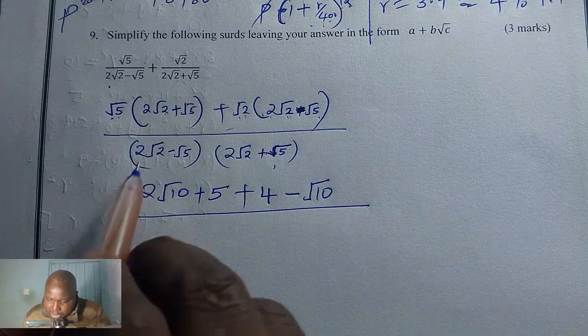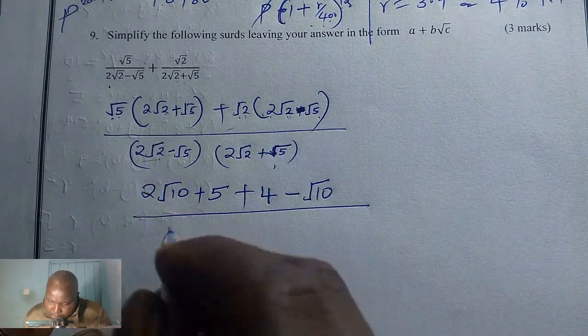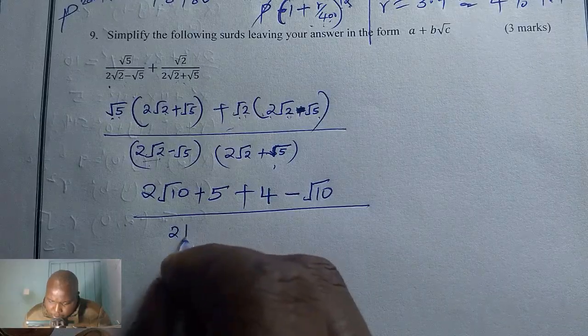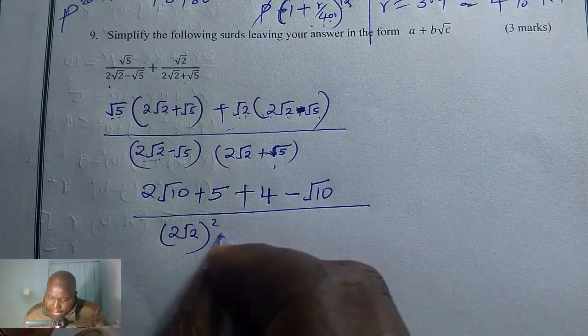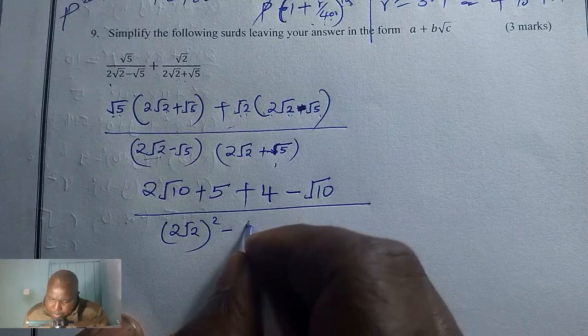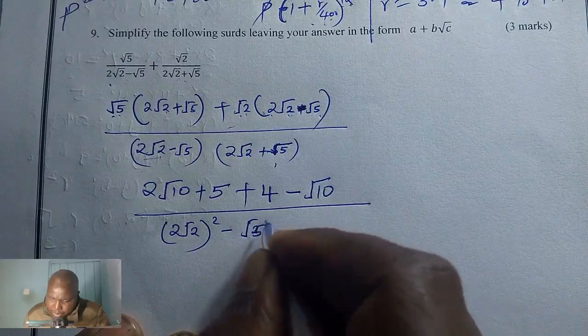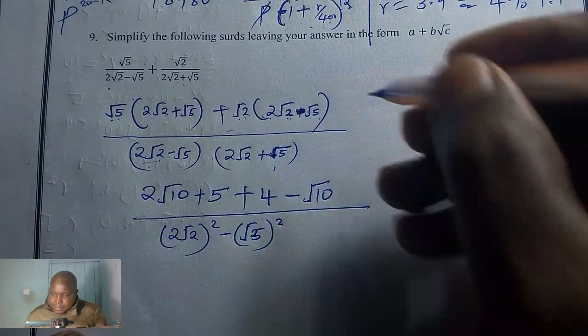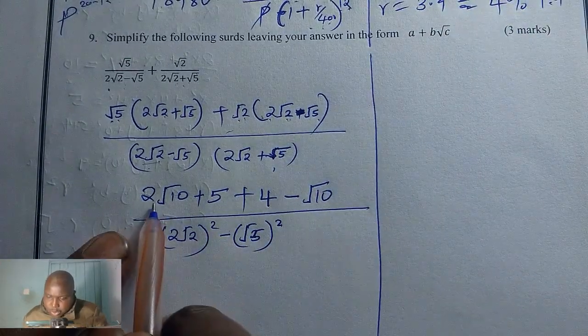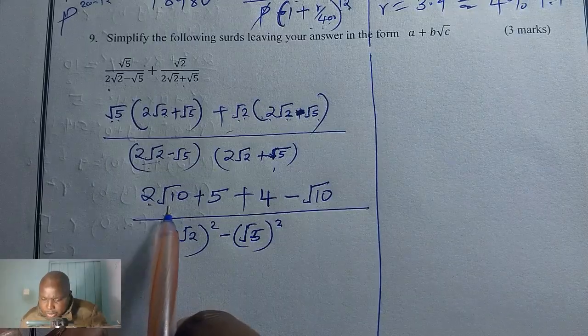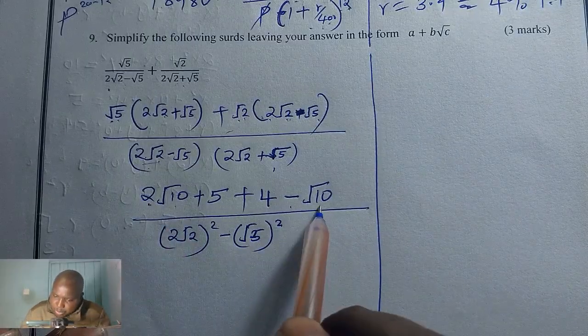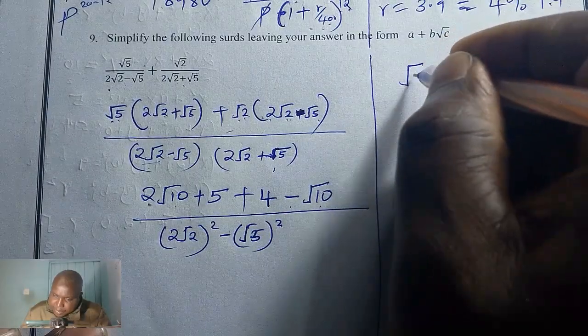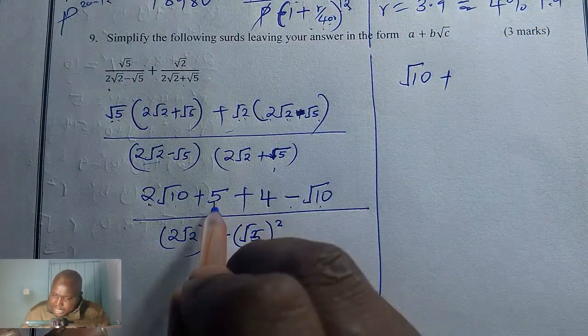For the denominator, you take the first term, that is 2 root 2, you square, minus the second term, root 5, you square. So 2 root 10 minus this, we are going to have root 10 remaining, plus this 9.